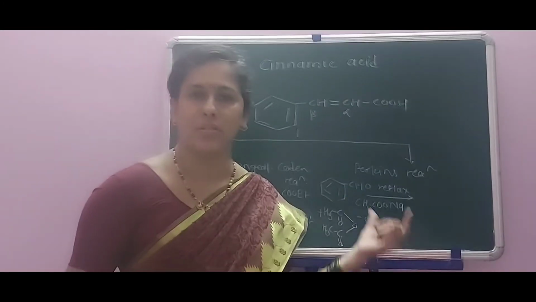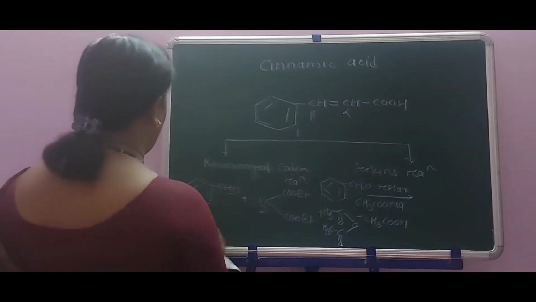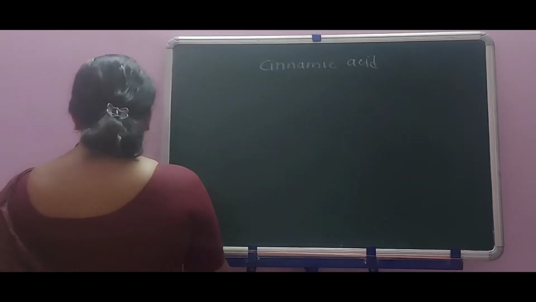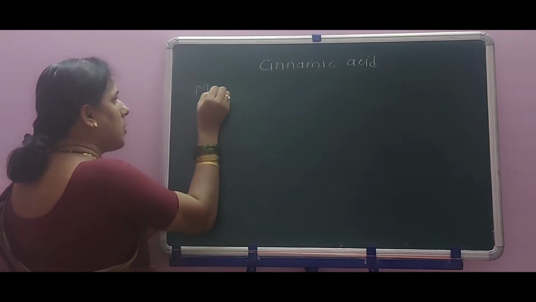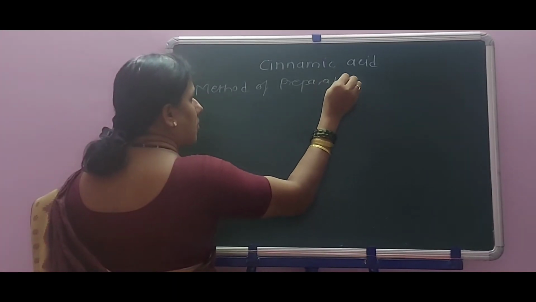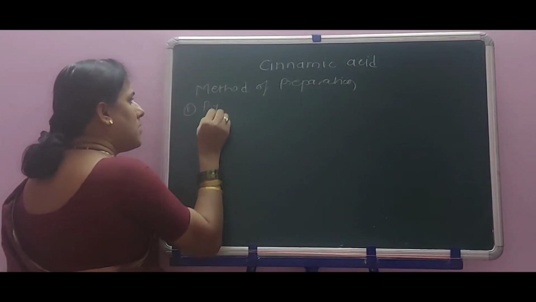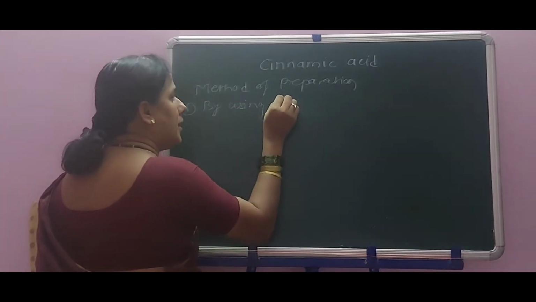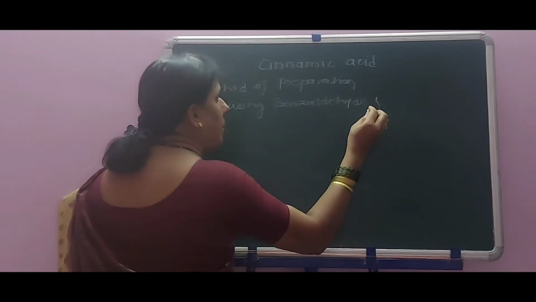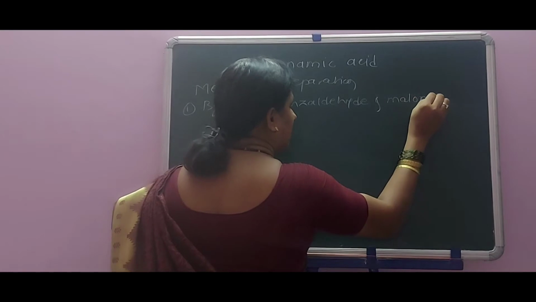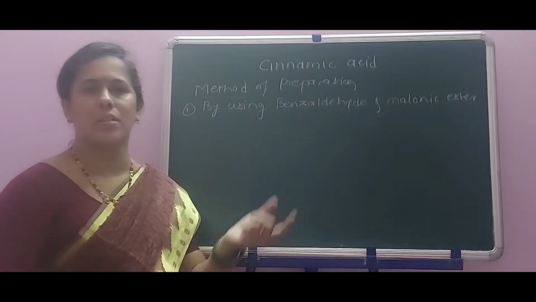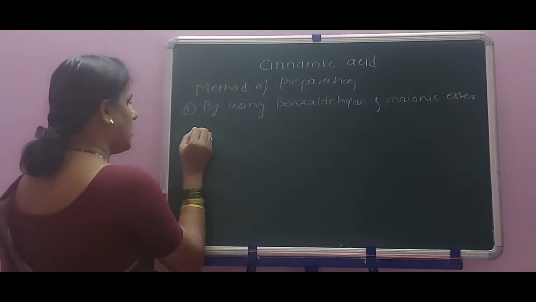Now we are going to discuss the detailed reactions one by one. The first is the first method of preparation, using benzaldehyde and malonic ester. Basically, this reaction is called the Knoevenagel condensation reaction. What is this reaction?